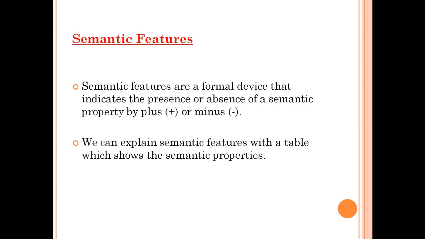By using plus sign or minus sign. So if a word has a particular semantic property, then we use the sign plus. If a word does not have that semantic property, we use minus sign. So by using plus or minus, you can show the semantic properties of a word.